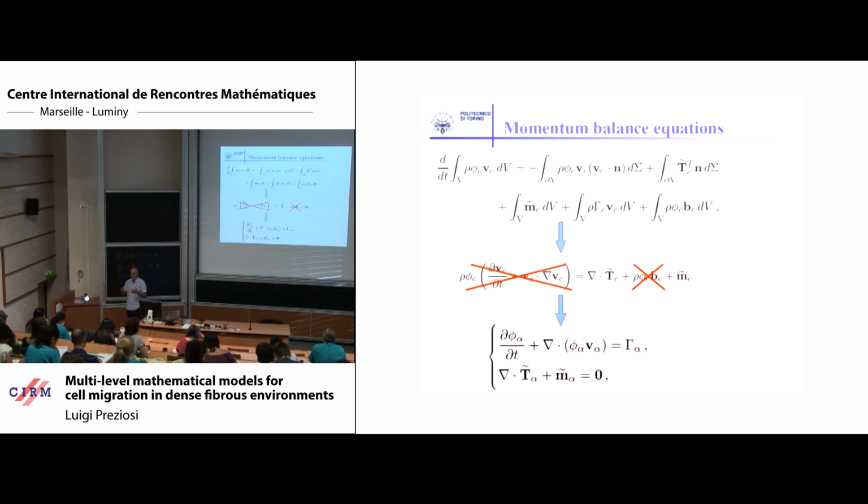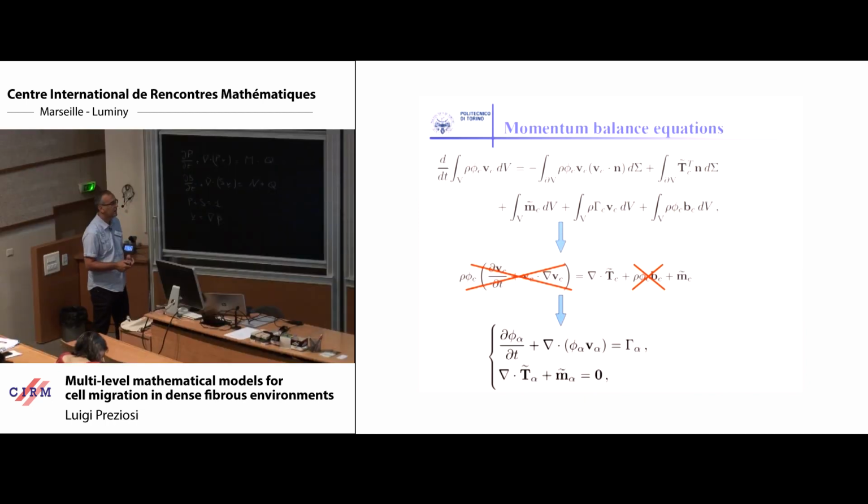That is, I'm in a crowded bus, okay, and so I'm moving because all the people are pushing me because they want to go out. That's in here, okay? This one has something to do with the interaction with other things. Something like, for instance, the extracellular matrix.